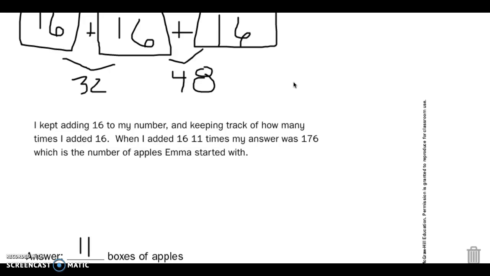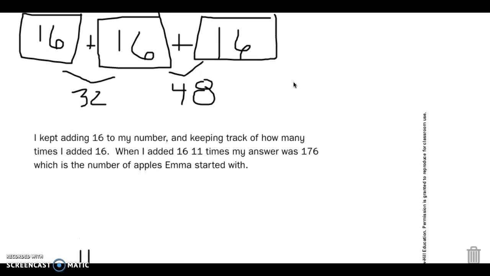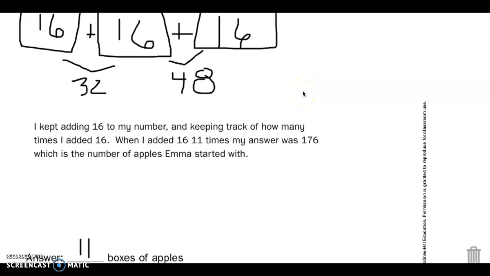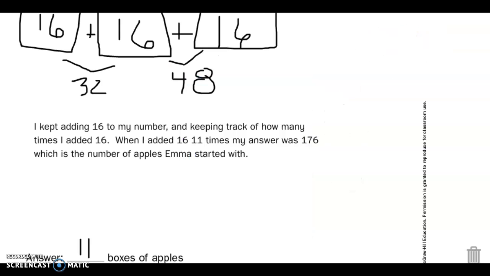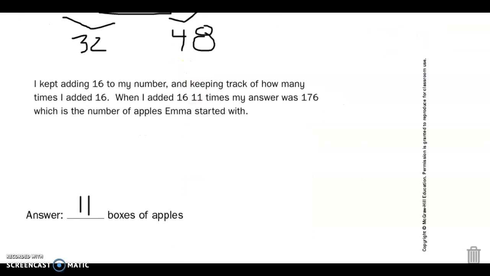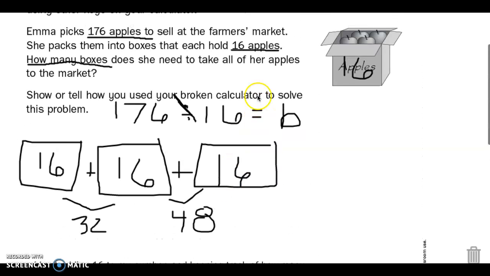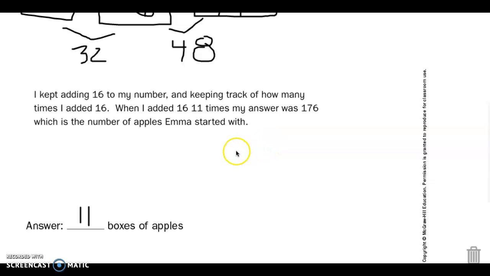If I wanted to think of another way of how to solve these, could you have just skip counted by 16? Yes, but that's a little bit more tricky. But just like we saw how we knew 16 times 10 was 160, I could have started like that. I could have said, well, let's just take 16, the number in each box, and go ahead with a number, like 10.